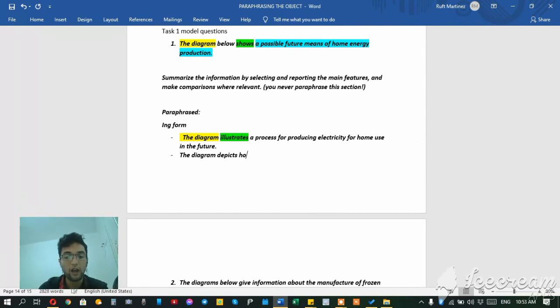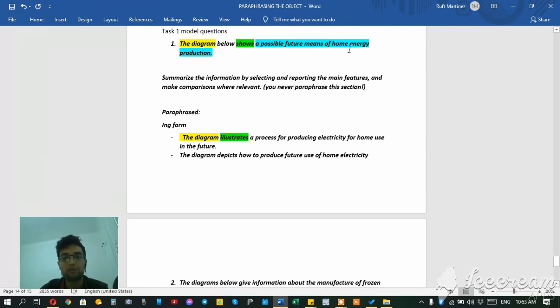So we use how mainly for the diagram depicts. Again I find the verb: how to produce electricity, how to produce future use of home electricity.